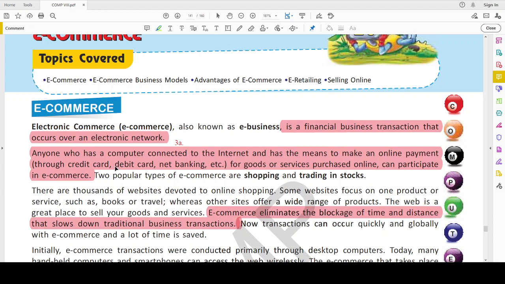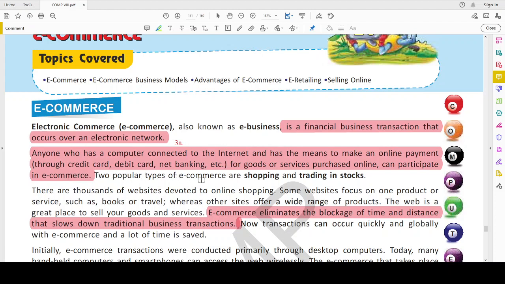He is holding some account in a bank and that account is connected to a card which is authenticated and authorized by the bank for making payments, and those are the means for making payments online. So he or she must have that facility given by the bank so as to make a purchase or to take part in e-commerce.